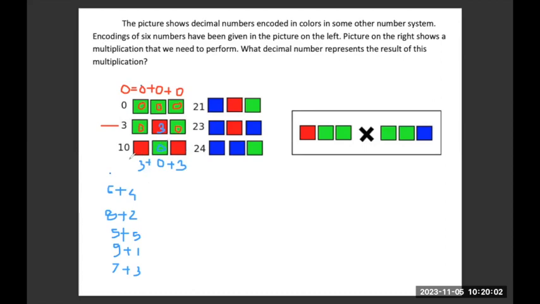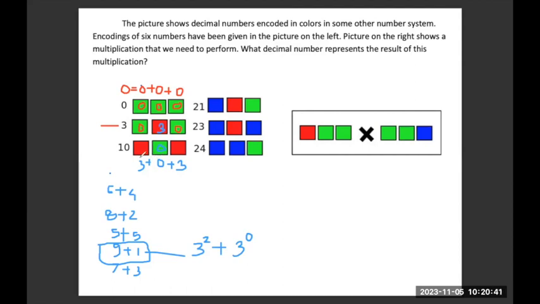So of these, is there any number which is a multiple of 3? Is there any equation x plus y is equal to 10, in which x and y both are multiples of 3? There is only one equation here, in which there are multiples of 3 involved, which is 3 raised to 2, 3 into 3, plus 3 raised to 0. 3 raised to 0 is equal to 1, and 3 raised to 2 is equal to 9.